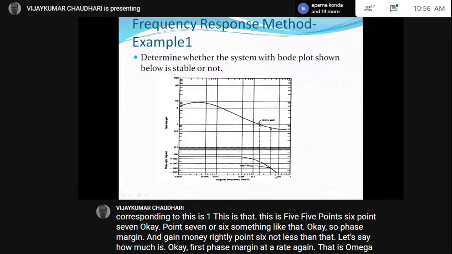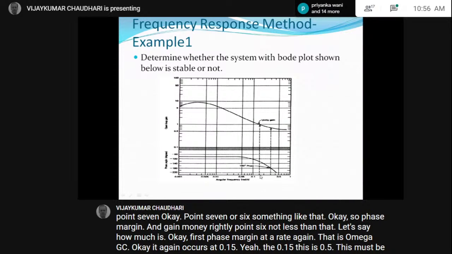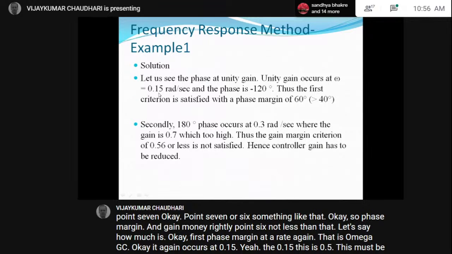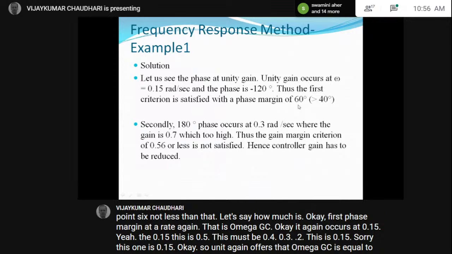This must be 0.4. This must be 0.3. 0.2. This is 0.15. Sorry, this one is 0.15. So unity gain occurs at omega GC equal to 0.15 radians per second and the phase angle is minus 120. So the first criterion is satisfied, it is less than minus 180.